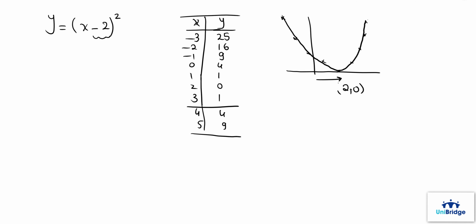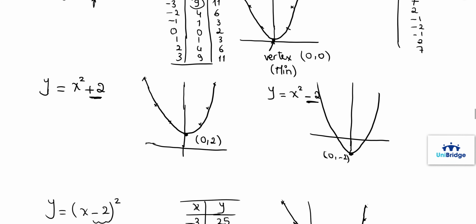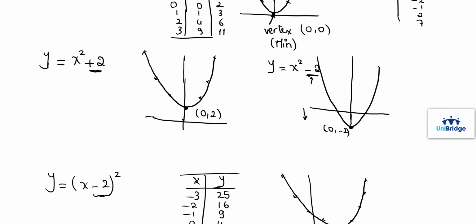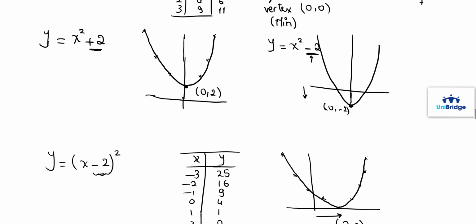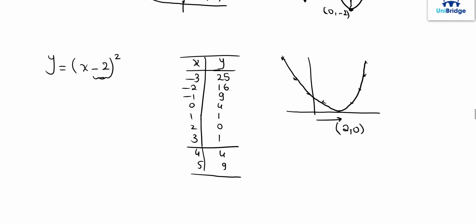This is a little bit counterintuitive because we always think that with x negative we move to the left, but actually when you put negative inside the bracket with the x, the function moves to the right. Versus here, when I put a negative outside the bracket, outside the x squared, the function went down, right? So inside with the x, negative moves it to the right. Outside the x squared, negative moves it down.